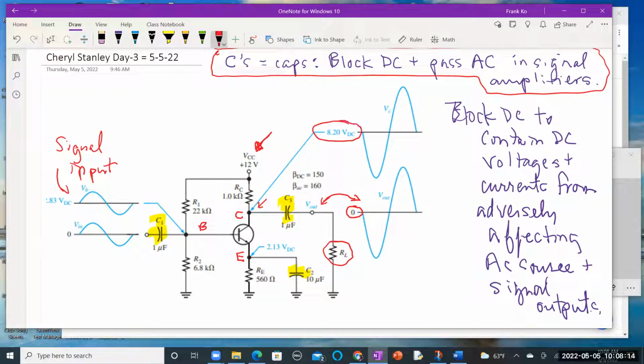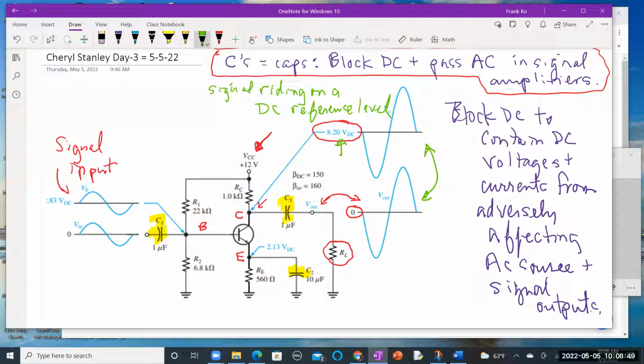And we can easily calculate that amount of voltage. That's no big deal. But when we go to measure this on an oscilloscope, we have to realize that there is a fundamental difference between these two waveforms. The first one is called signal riding on a DC reference level of 8.20 volts DC.